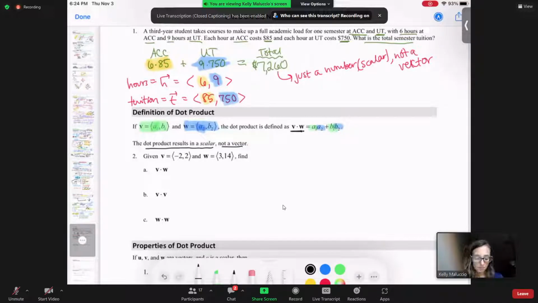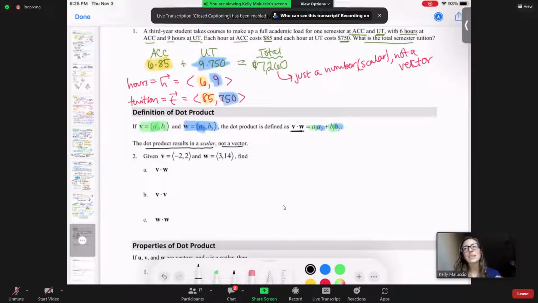So let's practice. Number 2 asks: if you calculate their magnitudes, do you get the same thing? That's a good question, but no. If you do the magnitude of each, it's still a little different because that equation is just different. We're squaring each component, adding, and then taking the square root.